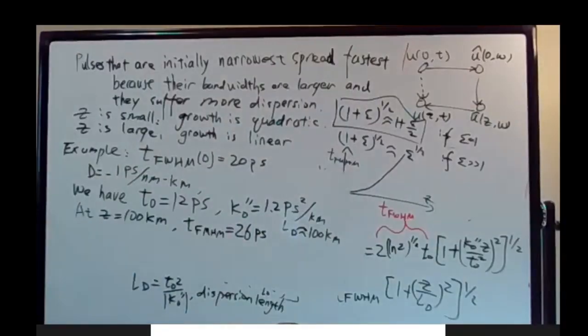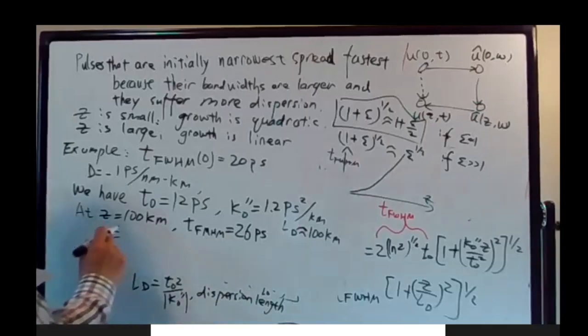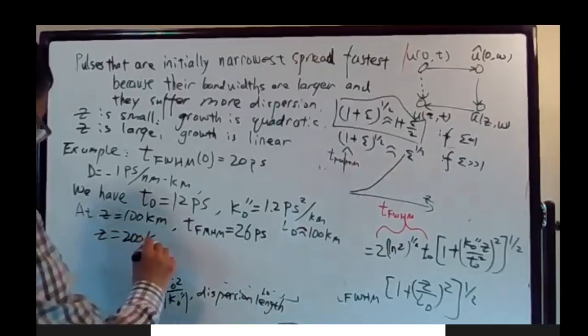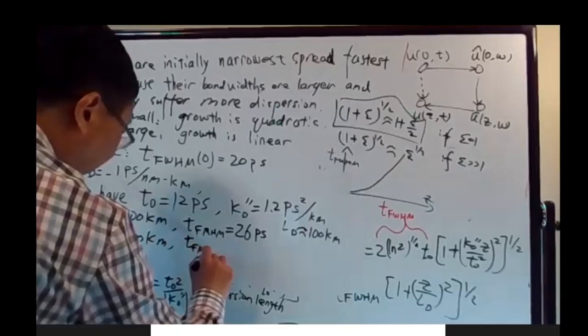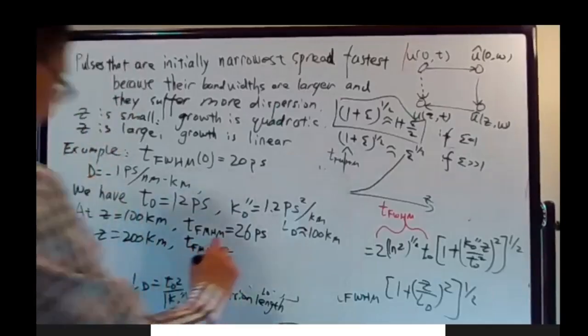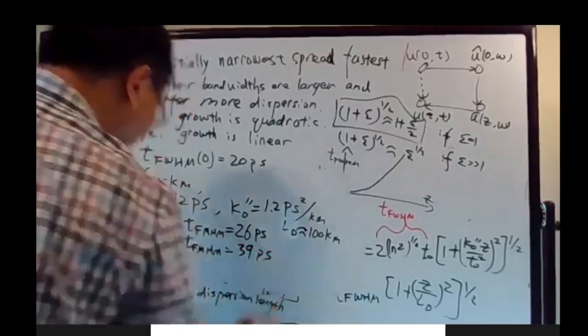And then z is 200 kilometer, and this T full width half maximum is 39 picosecond.